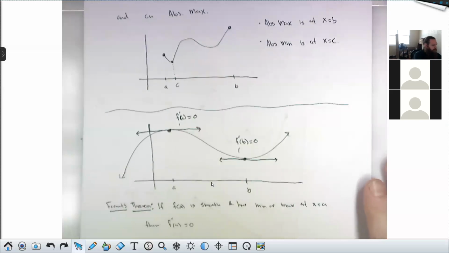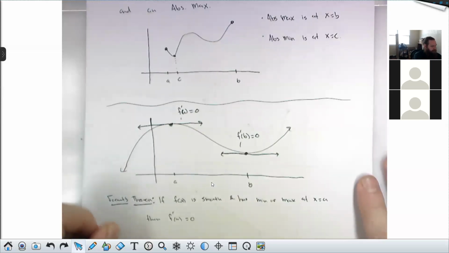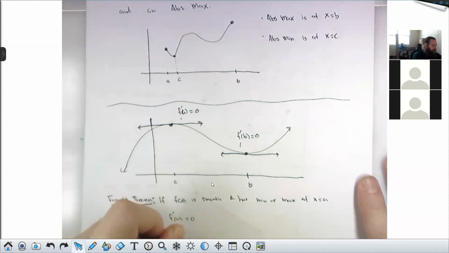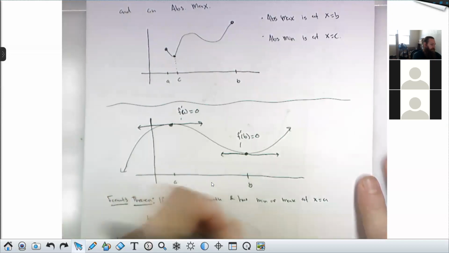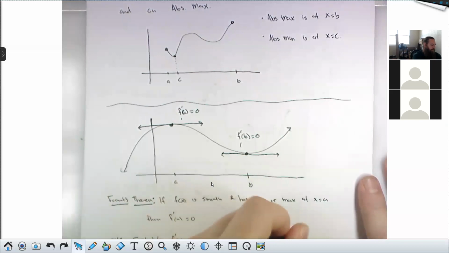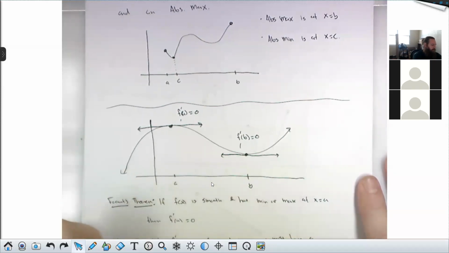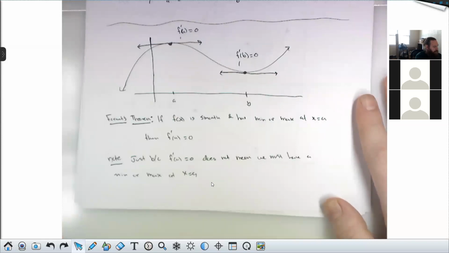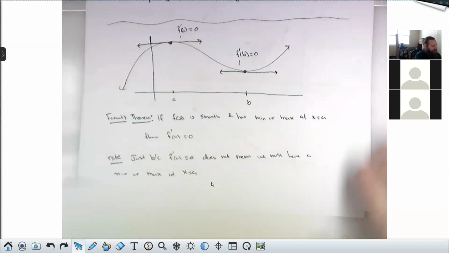And it's important to illustrate that the converse is false. Note, just because f prime of a is equal to 0 does not mean we must have a min or max at x equals a. And the thing you can think about here is like the cubing function, right? x cubed.